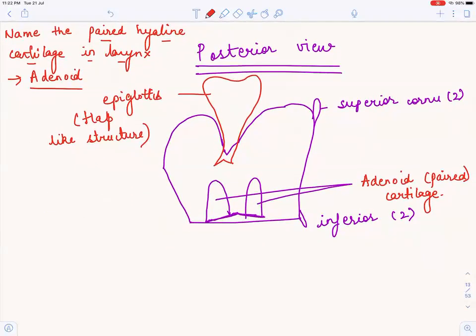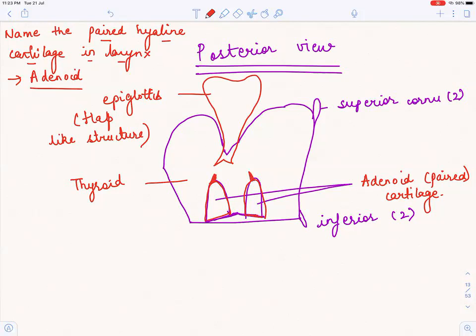We had studied that this is the thyroid cartilage, right? We are looking from the posterior view. And these are the arytenoid cartilages, and this is the epiglottis. On the arytenoid, there are 2 conical projections.